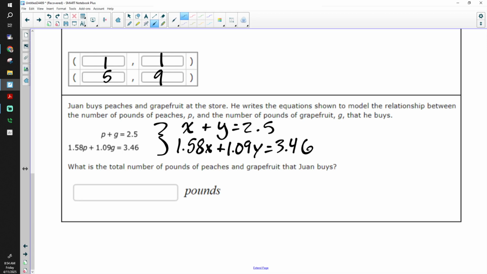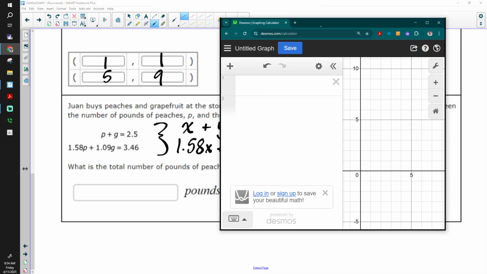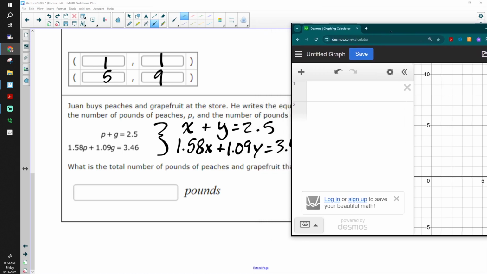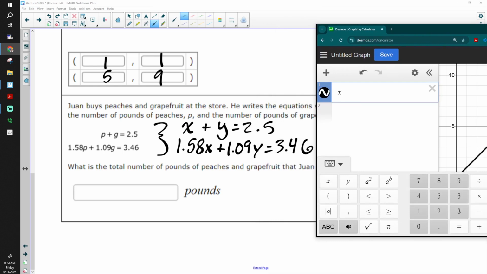We're asked to find the total number of pounds of peaches and grapefruit that Juan buys. So I'm going to pull up my Desmos and type in my two equations. My goal is finding where the two cross. Typing in my first one: x plus y equals 2.5, and 1.58x plus 1.09y equals 3.46.